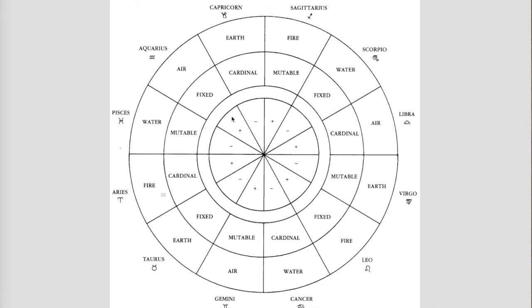Not to get too pop culture on you, but I always think of Dumbledore as a grand master type of wizard, able to see everything. So you can think of Dumbledore and your cardinal signs.